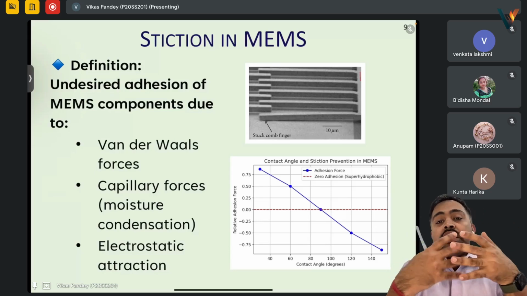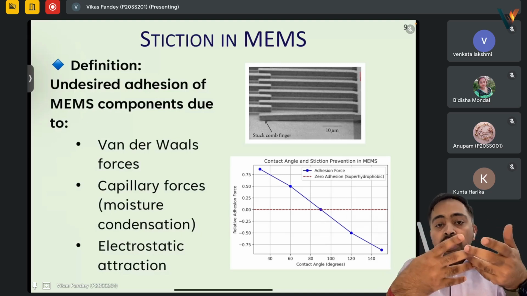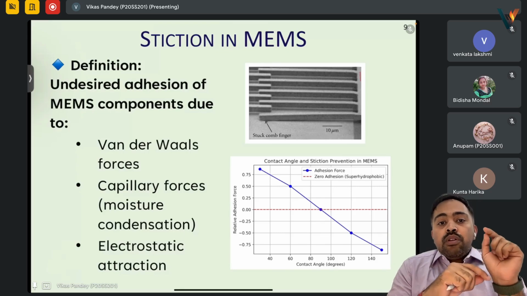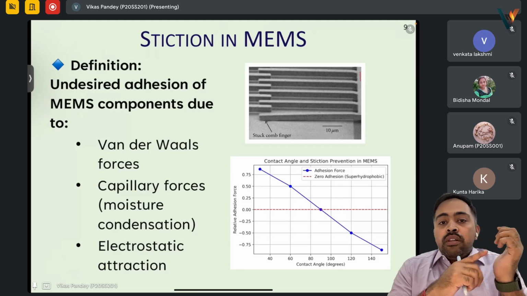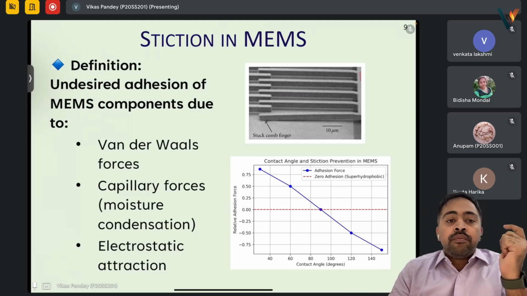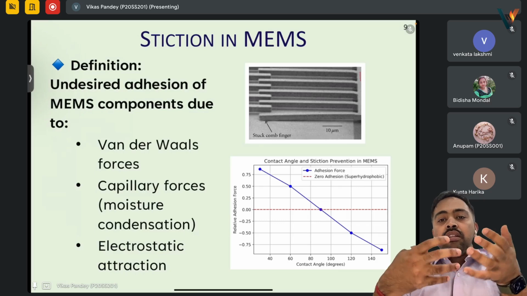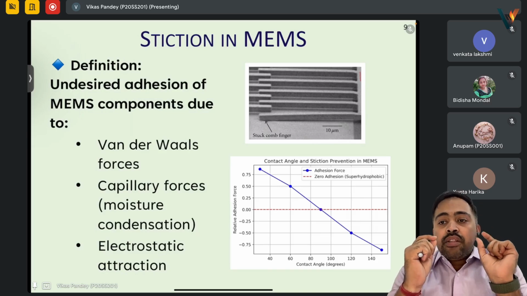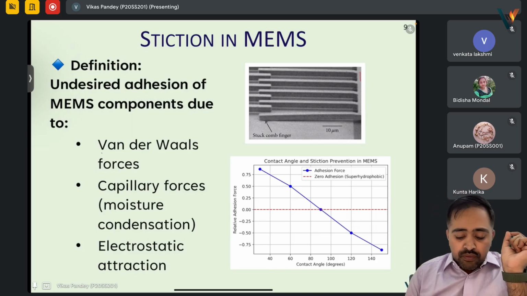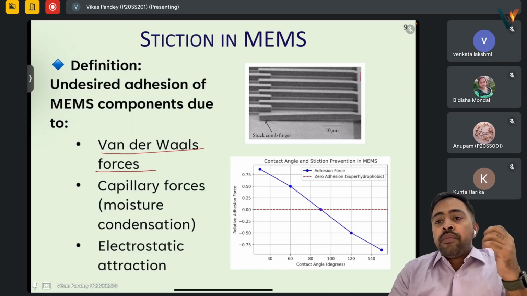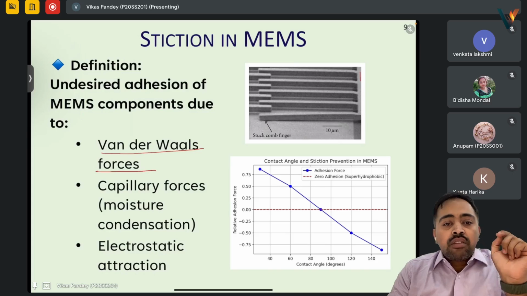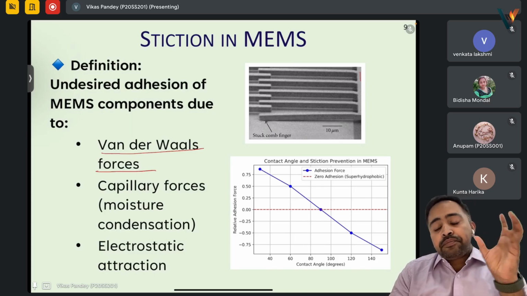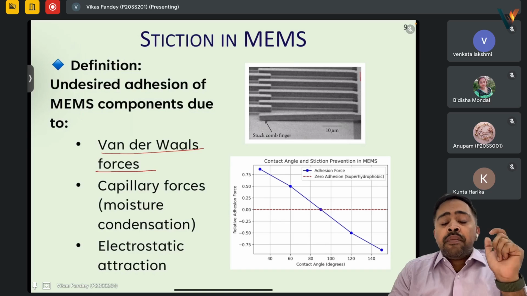But since it is a physical object, although it is at the micro level, there is one problem that occurs in case of MEMS actuators, that is stiction. They will get stuck. This can happen due to van der Waals forces. We saw that at micro levels, van der Waals forces become more relevant compared to electrostatic and gravitational forces.